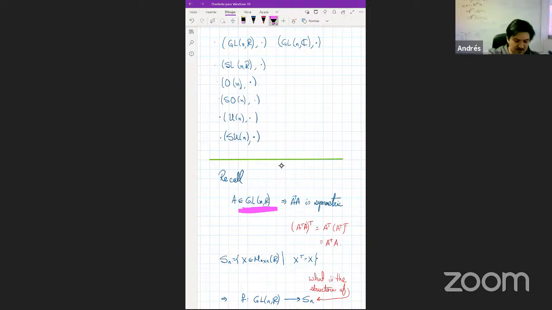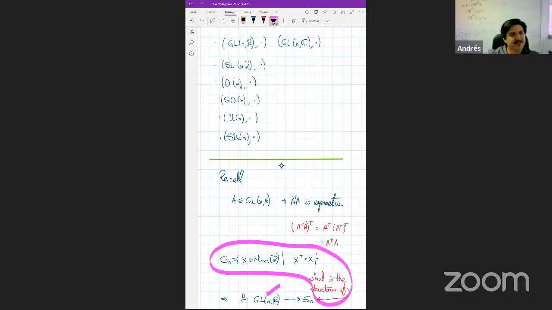And I would like to consider the f on the bottom as a smooth function. So there's no problem, this is smooth, but what can you say about S_n, the set of all symmetric matrices? What type of space is it?